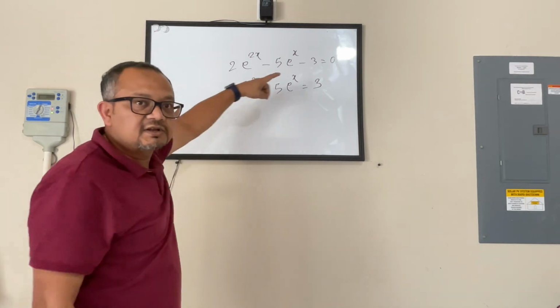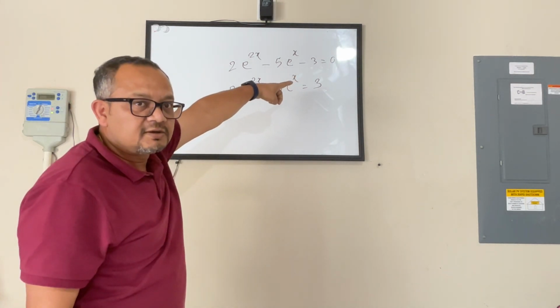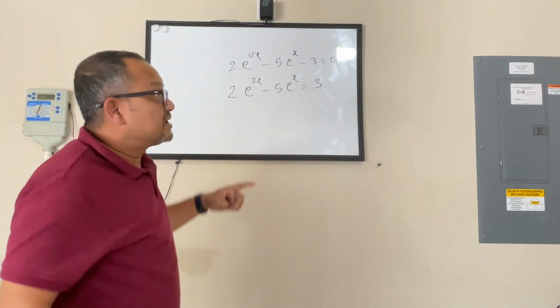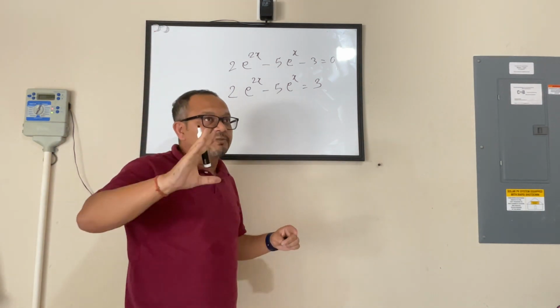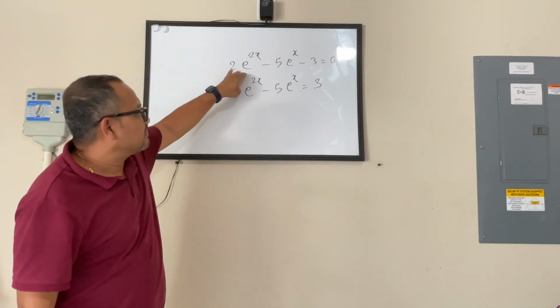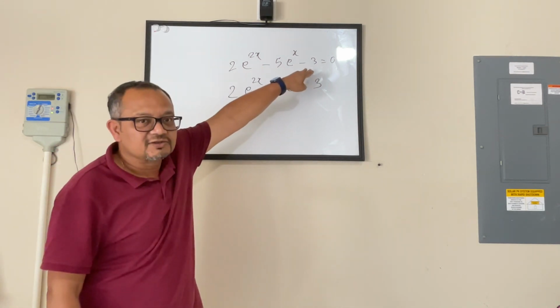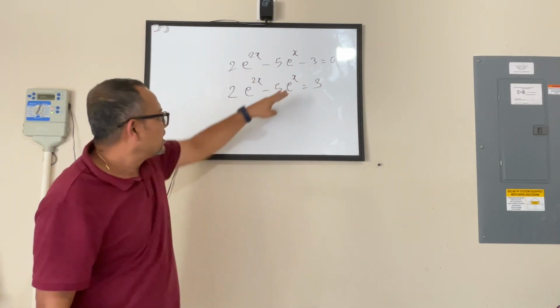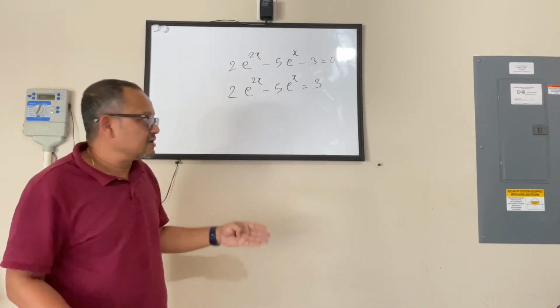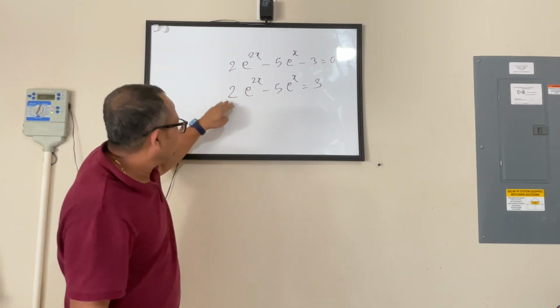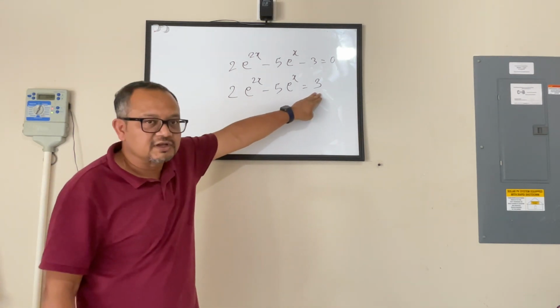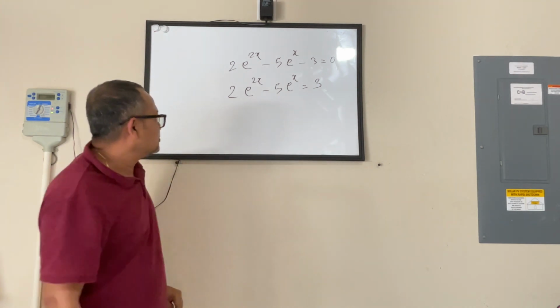I can bring this to one side, yeah? Because there's one more thing to keep in the back of your mind: if I'm doing multiplication or division, I would not want to do it with 3 negative. It might get confusing. So let me keep the variables on one side and the constant on the other side. This is the first thing I would want to do.